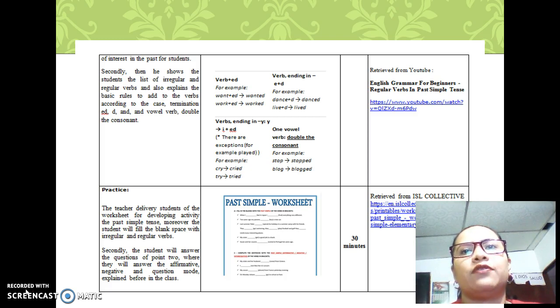This is the worksheet with regular verbs, and next is point 2, where students answer the questions in affirmative, negative, and question form.